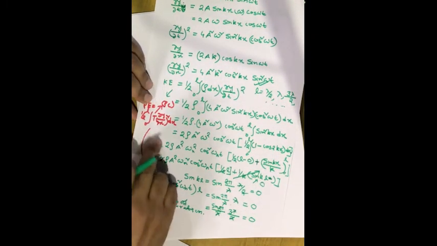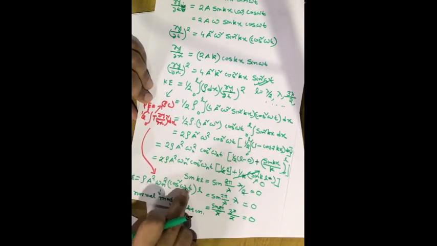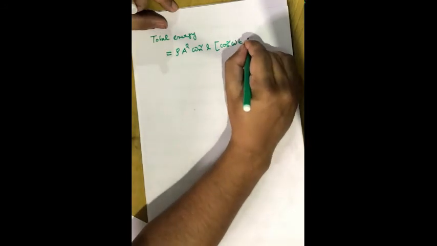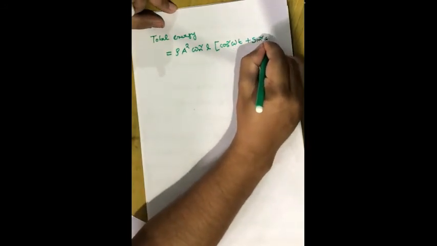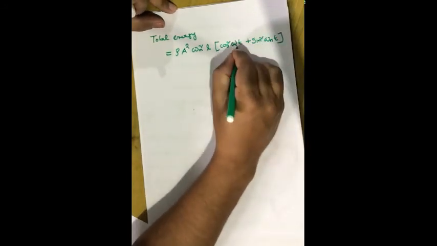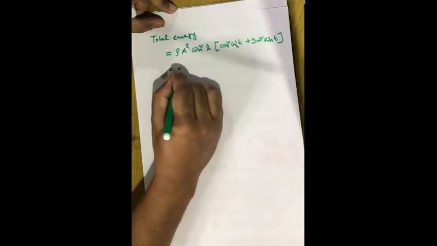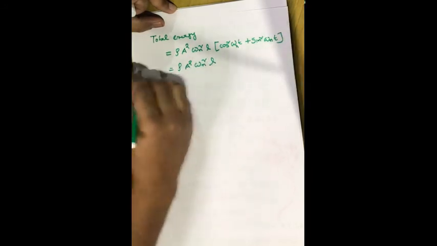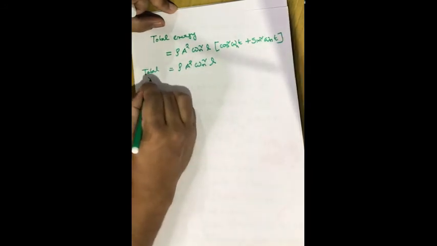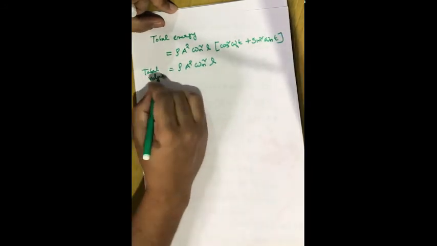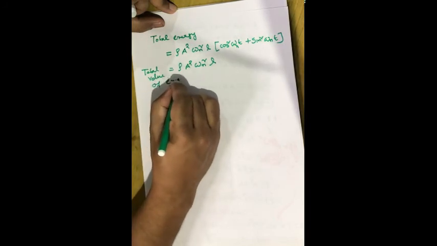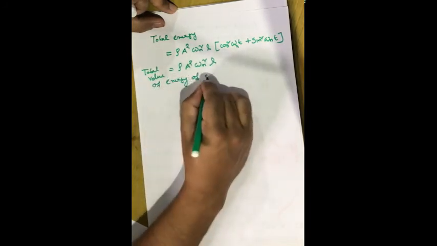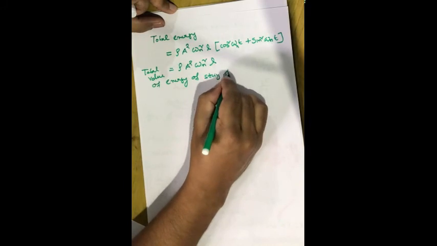So you have to add these up: cos square omega n t plus sin square omega n t, and this value is 1. So rho a square omega n square into L is the total value of the energy of the string of length L.